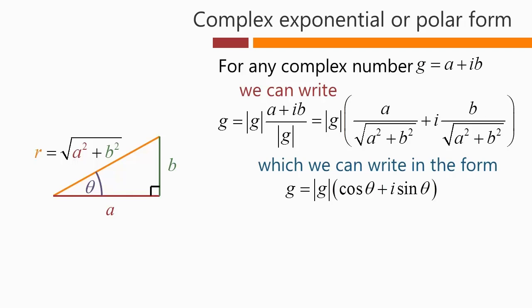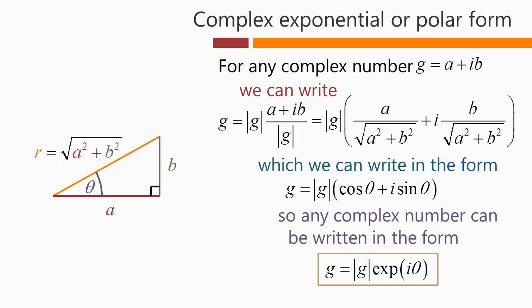If we look at our triangle here, that will remind us the sine theta is b over r, the cos theta is a over r, and the r is the square root of a squared plus b squared. So that means that any complex number can be written in the form the modulus of the number times e to the i theta, or exponential of i theta. And that's called the polar form of a complex number, and it's extremely useful.